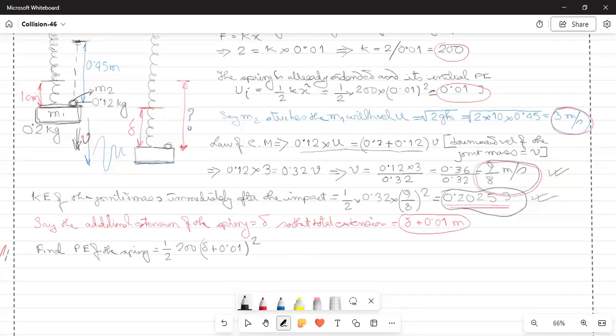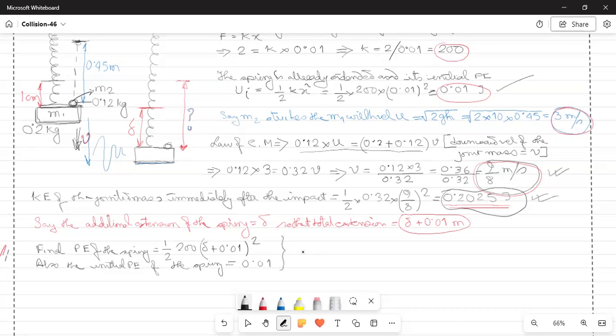And also the initial potential energy of the spring, that we have already calculated. The initial potential energy of the spring was 0.01 joule. So what is the increase in potential energy of the spring?